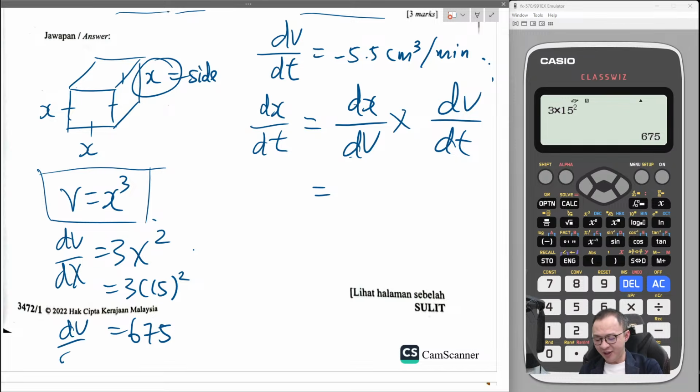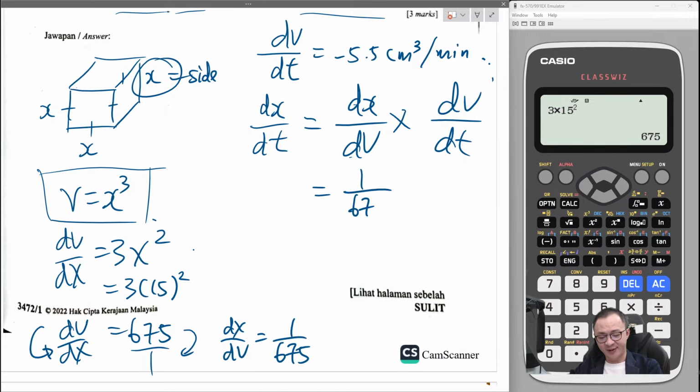So if dV dx is 675, dx dV will be flipped over the fraction. Flip over here, flip over here. So dx dV should be 1 over 675. 1 over 675 multiply negative 5.5.